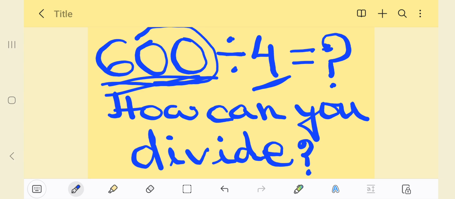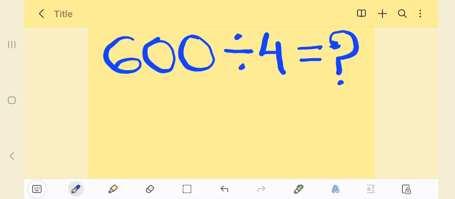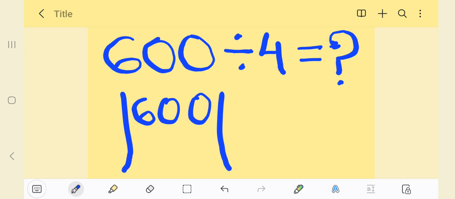Let's continue. As we are dividing 600, I'll be putting this 600 inside a cage, and the divider we have here is 4. If we need any kind of times table calculation, we need the times table of number 4.